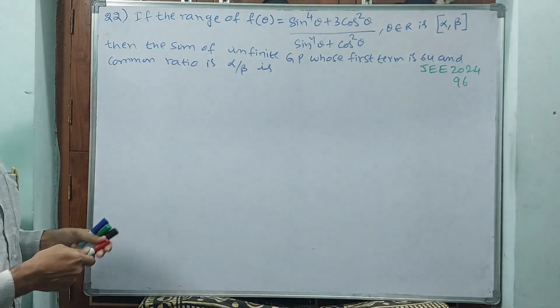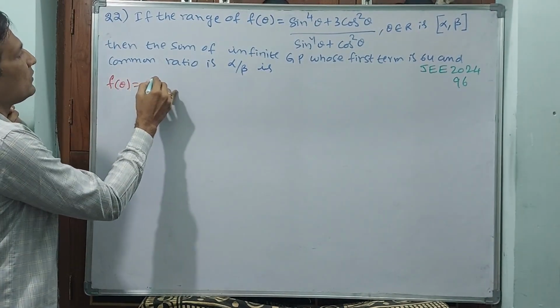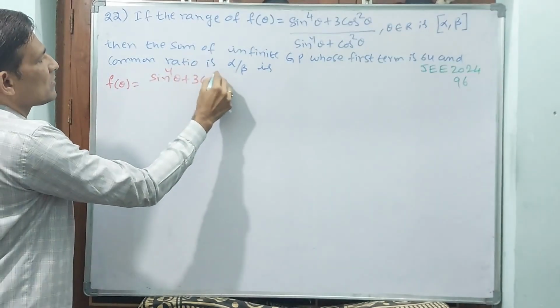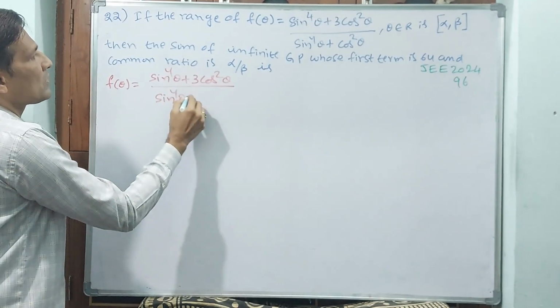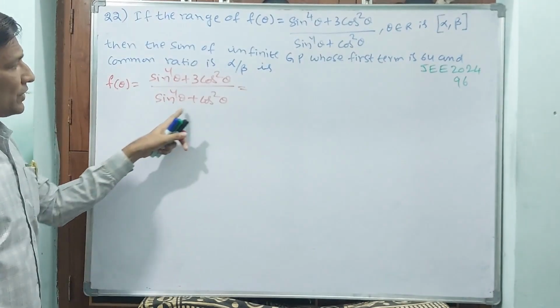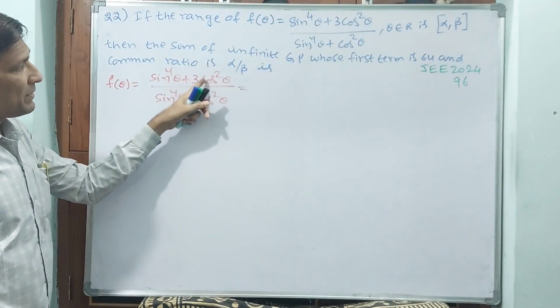Okay, let us see how we are going to find it. Let me write once again. f of theta is equal to (sin⁴θ + 3cos²θ)/(sin⁴θ + cos²θ). See, here only one cos square theta is there. I am splitting 3cos²θ as 1 cos square theta plus 2 cos square theta.